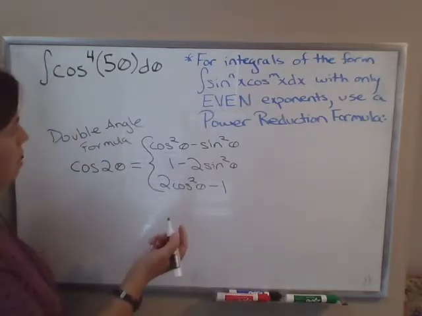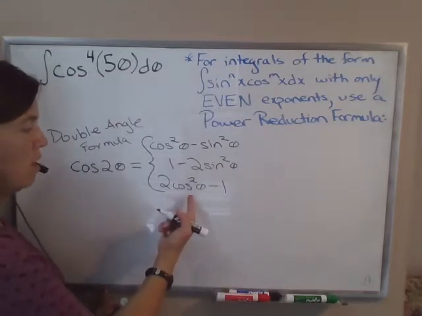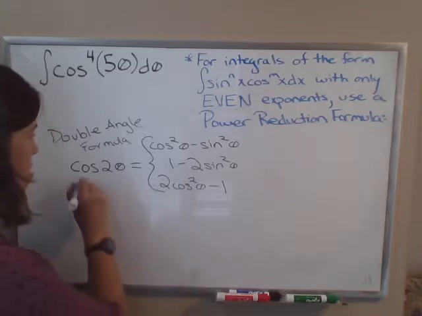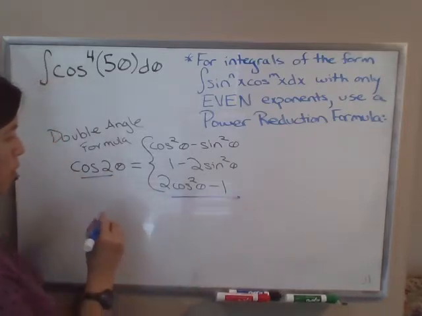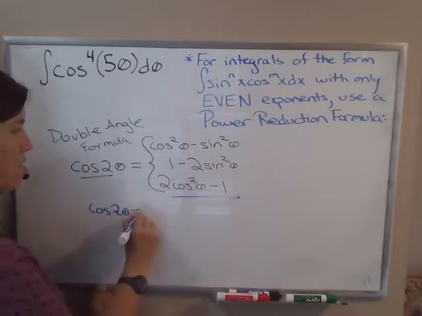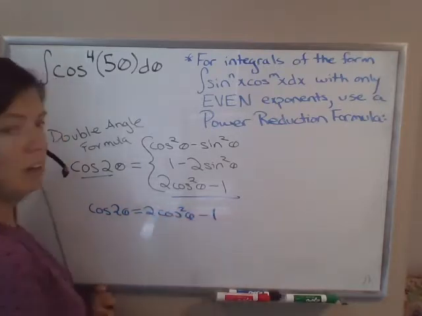Now, if you find yourself stuck with just an even power of cosine, here's what you can do. Take this version of the double angle formula for cosine: cosine of 2 theta is equal to 2 cosine squared theta minus 1.